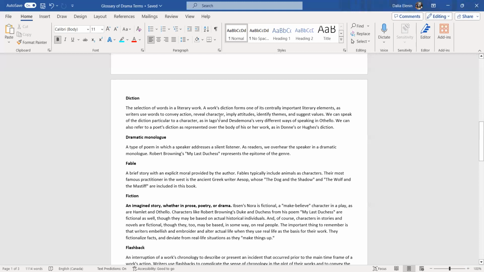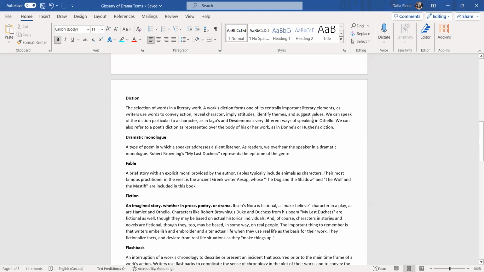The writer used one, two, three words that reveal how dark this character is from inside, or words that imply attitudes. Again, if the character is stingy or evil or violent or any of those, you can tell me about the character from the diction of the writer.